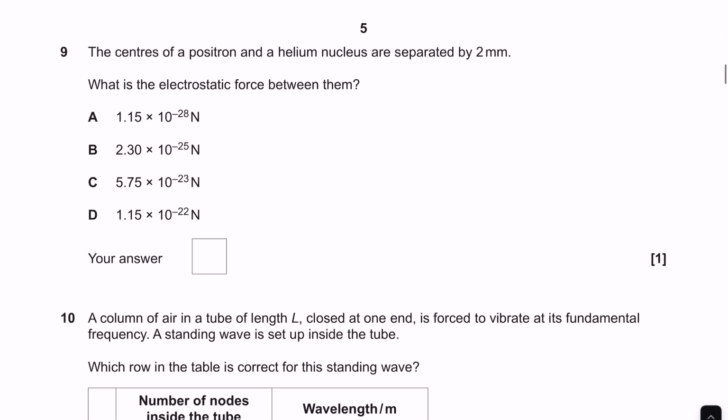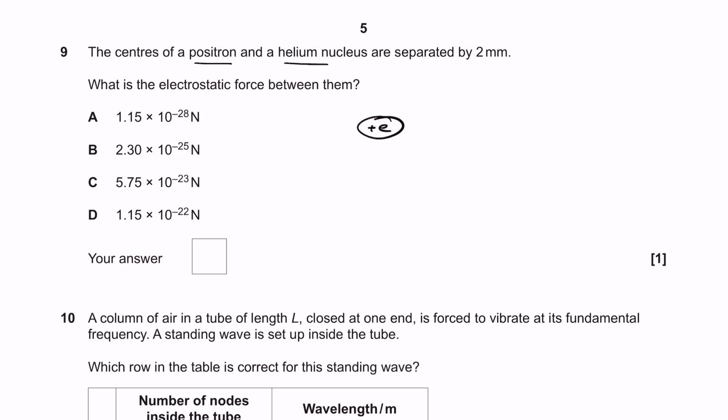Question number 9. The centers of a positron and a helium nucleus are separated by 2 millimeters. What is the electrostatic force between them? So again, relatively simple question, as long as you know a positron is a positive electron, and therefore it will have that charge.